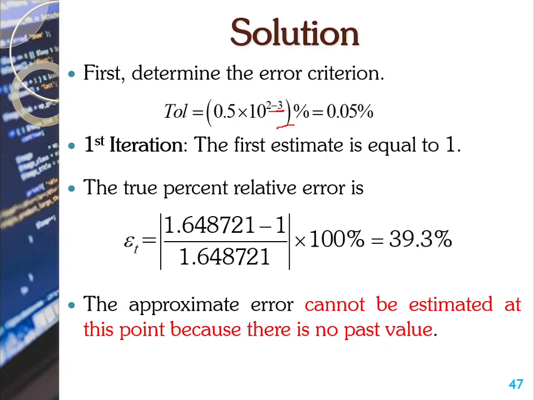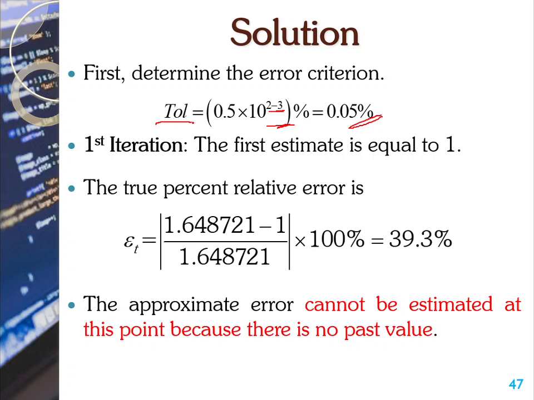Once we estimate this, we get 0.05%. So for this question, we are going to solve until our error is less than 0.05%. That is what is given by the tolerance.